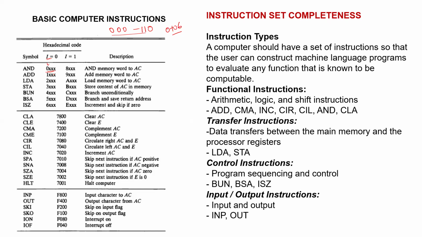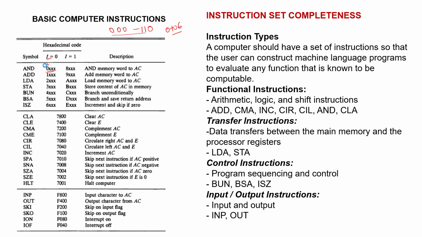But in hexadecimal, we can save space and represent it with the help of 4 combinations. So that's why you see a total of 0 to 6 combinations in the case of direct addressing mode. So the MSB digits are 0, 1, 2, 3, 4, 5, 6.